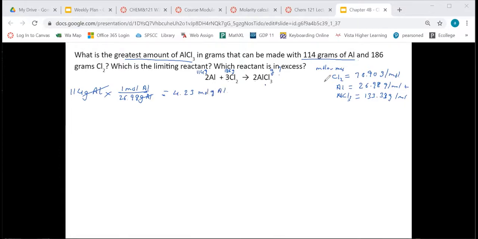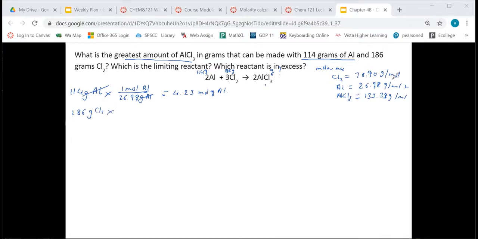Okay. Now we need to find the mole of chlorine. We're going to use the molar mass. We have 186 gram chlorine.